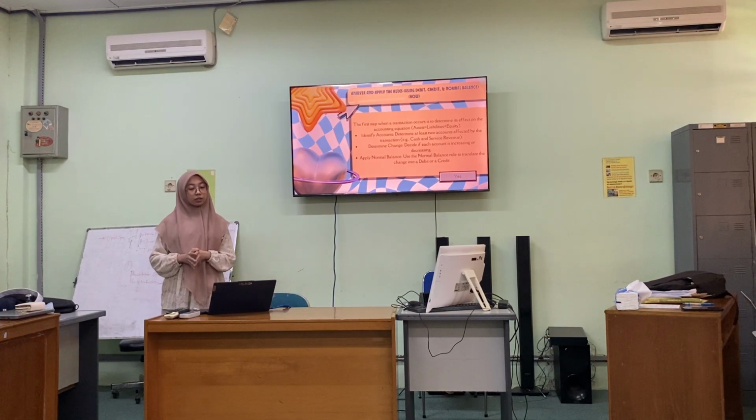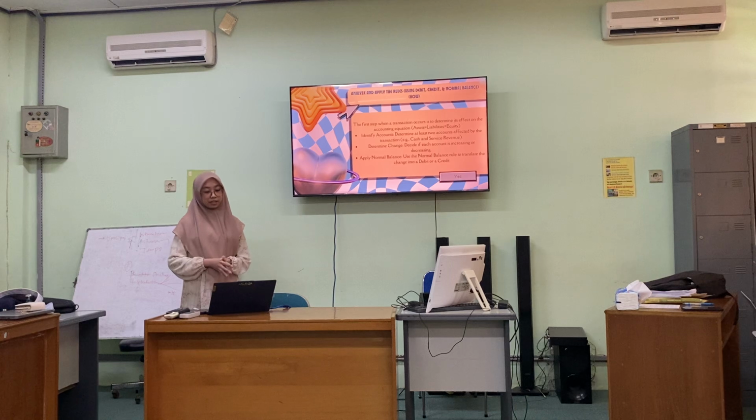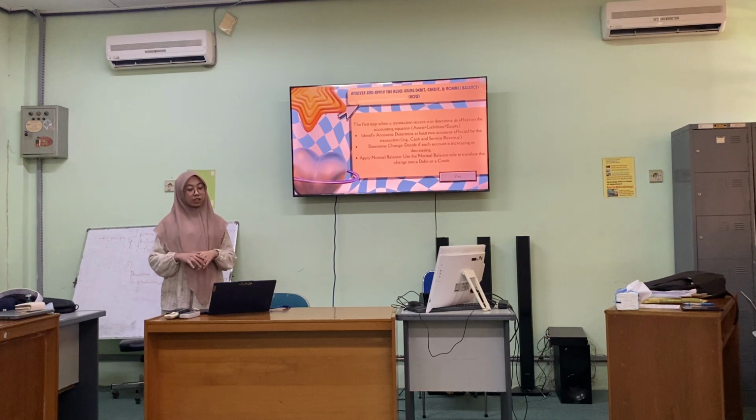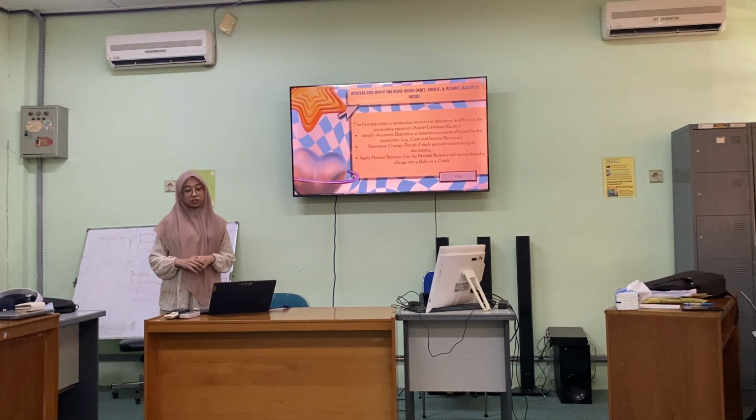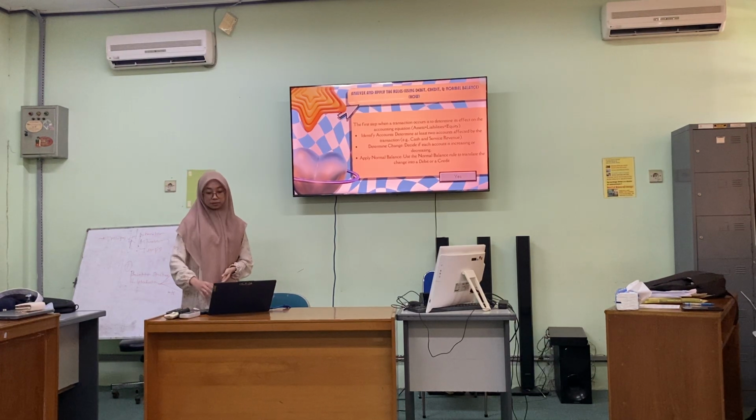Determine at least two accounts affected by the transaction, such as cash and service revenue. And then second, determine change. Decide if each account is increasing or decreasing. And then third, apply normal balance. Use the normal balance rule to translate the change into a debit or a credit.